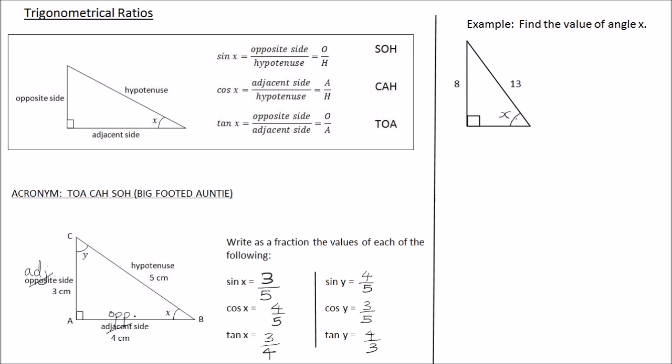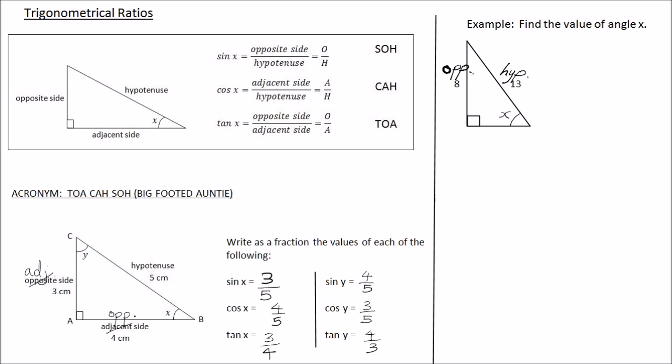Since the angle is here, this 8 cm must be the length of the opposite side. And this must be the hypotenuse, because it is opposite the right angle.